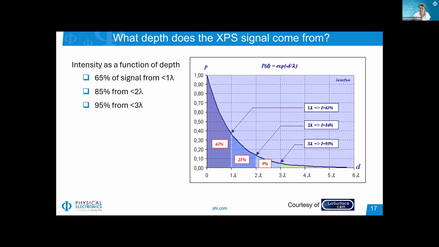But it's not that simple, because of the exponential dependence of the probability of an electron escaping with depth. 63%, 1 sigma, of the signal comes from 3 nanometers. 85% will come from 6 nanometers, and 95% will come from 9 nanometers. That becomes important when you're looking at the physical dimensions of your material within that overall XPS sampling depth. This is something that is sometimes overlooked.